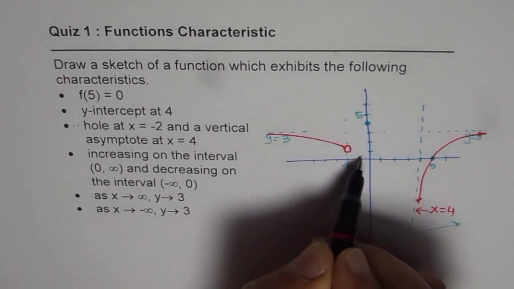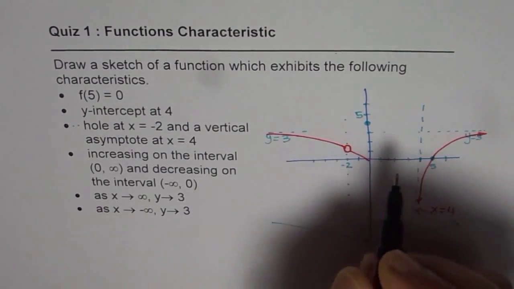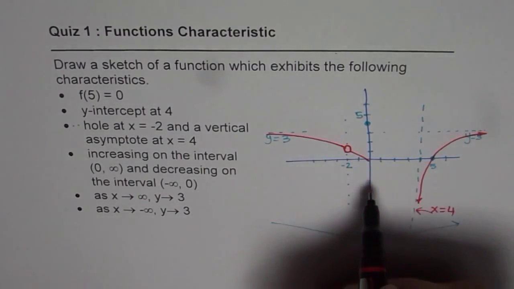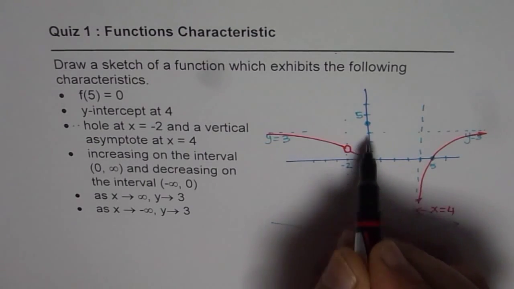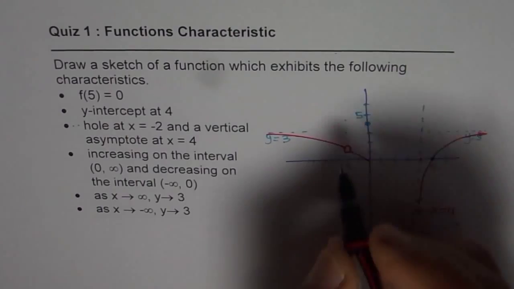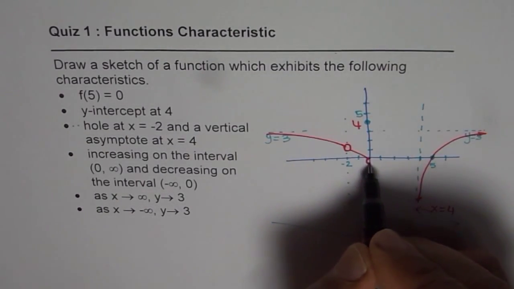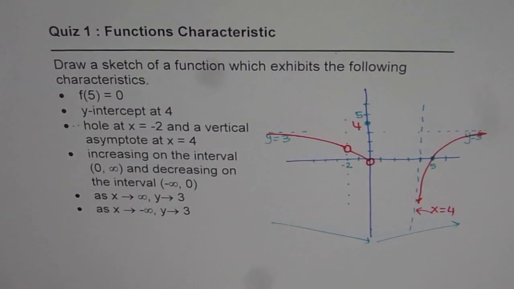And then from here you can continue, but since at x equals 0 we already have a value of 4, right? We have a value of 4, so we should have a hole here, right? So like this we can sketch our function.